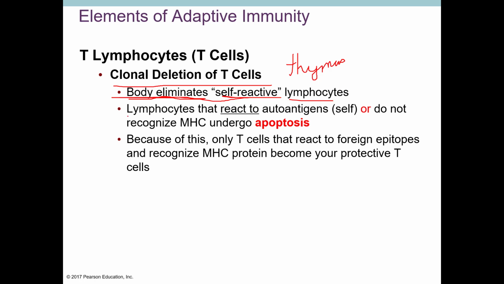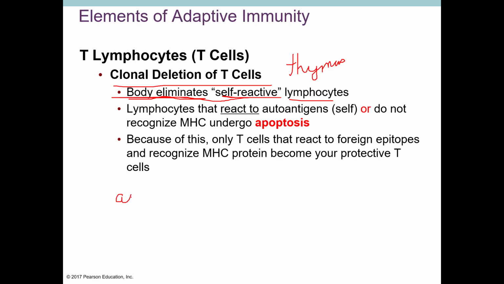Any T cell that reacts to self-antigens, specifically the ones presented on MHC I, or any T cells that do not correctly recognize MHC, which is an important part of this, will undergo what's called apoptosis. And apoptosis is cell suicide.